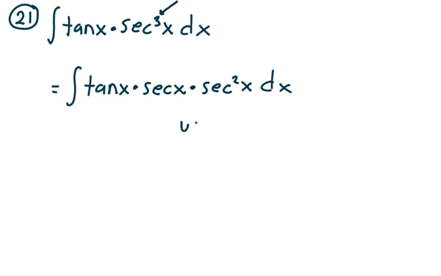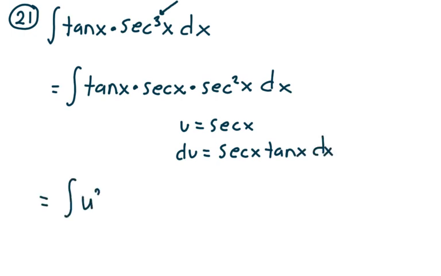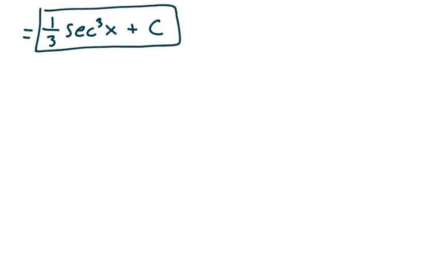From here, u is secant x, du is secant x tangent x dx. And so this is the integral of u squared du, which is 1/3 u cubed plus c. But u is secant x. So this is 1/3 secant cubed x plus c. And that's how we do problem number 21.